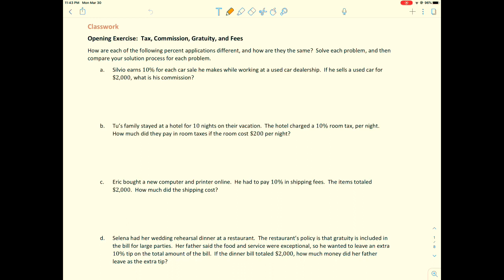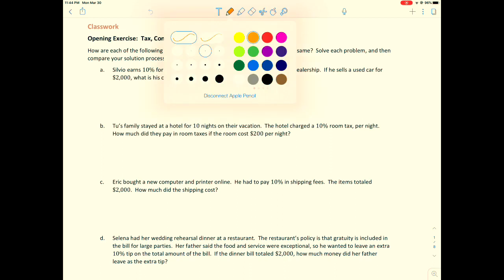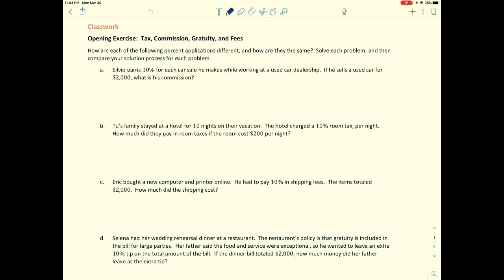First question A. Silvio earns 10% for each car sale he makes while working at a used car dealership. If he sells a used car for $2,000, what is his commission? Now, if he was making a commission of 10% and a car was $100, he would earn $10.